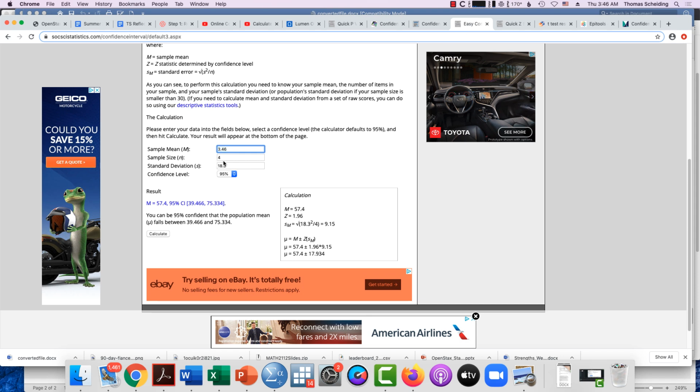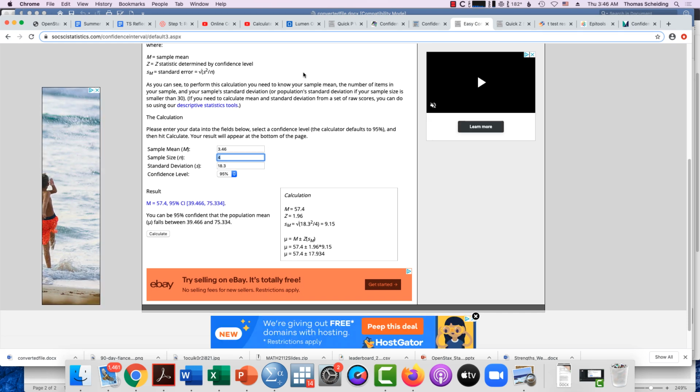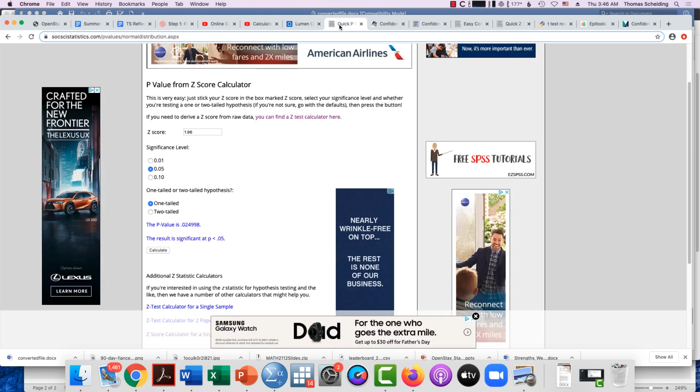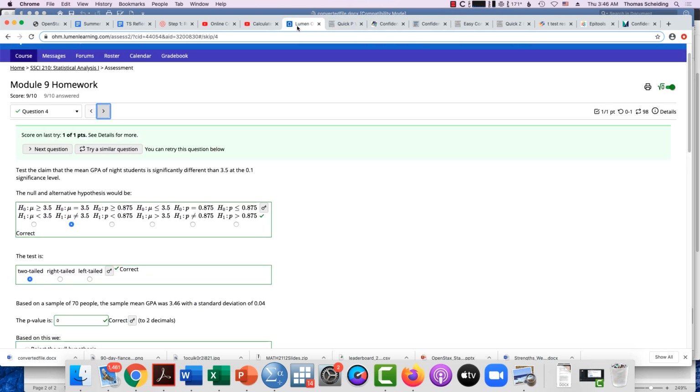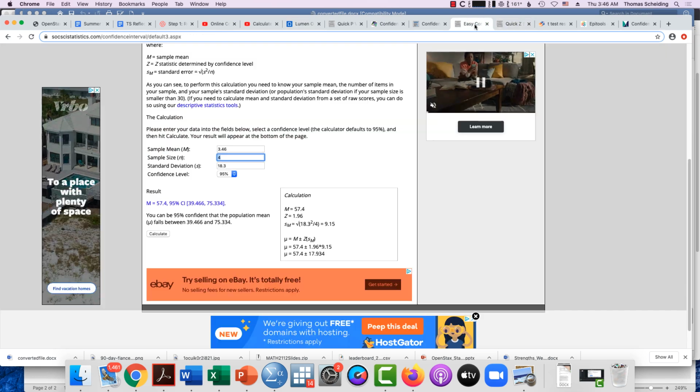So I'm doing it from a sample. 0.04 and 70.